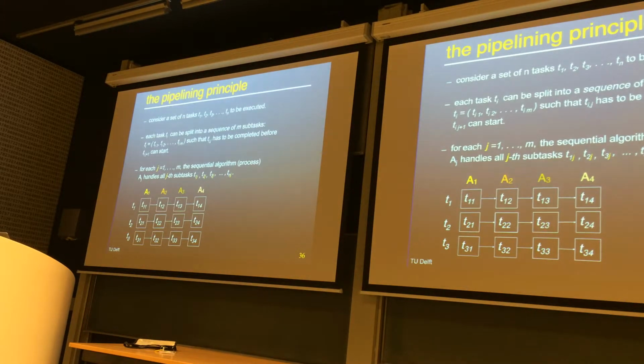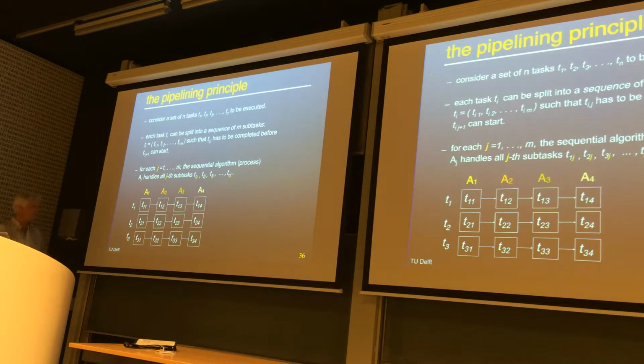Yeah? Okay, what would be a naive way of solving the problem of processing these tasks? Well, perform A1 on the first subtask of the first task, then the first subtask of the second task, then the first subtask of the third task, etc. Then hand over to A2, do the same, then hand over to A3, and then hand over to A4.